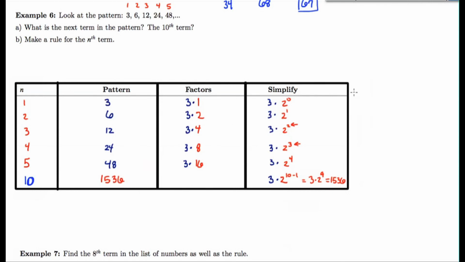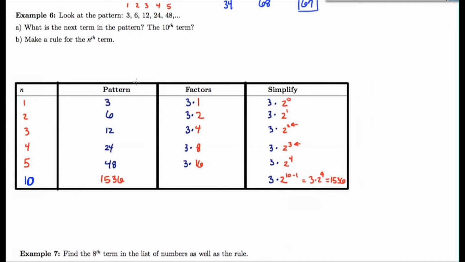All right, so that might seem like a little much, but we're clearly not adding the same number here. We're doing something that has multiplying by the same number. And whenever we multiply by the same number from one consecutive term to the next, we're raising to an exponent.